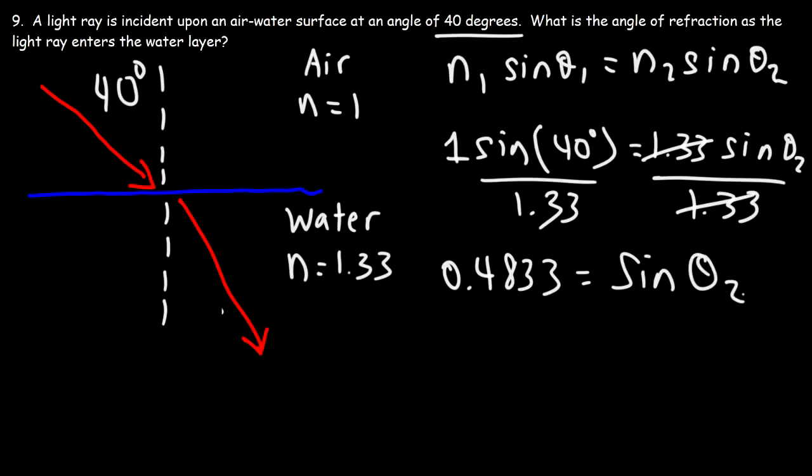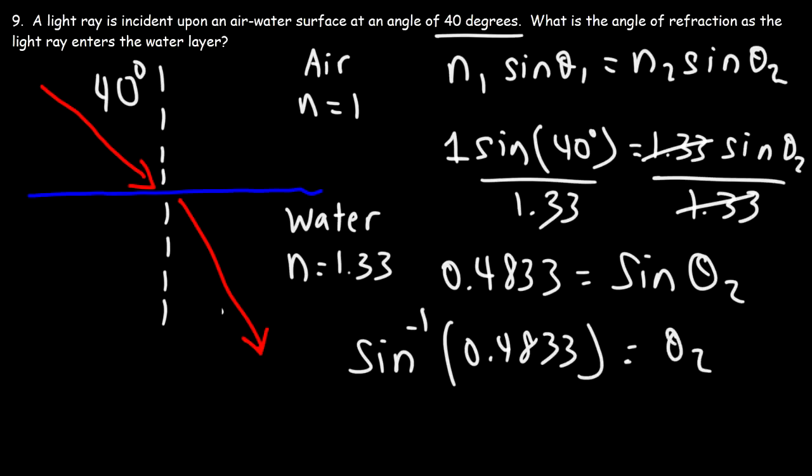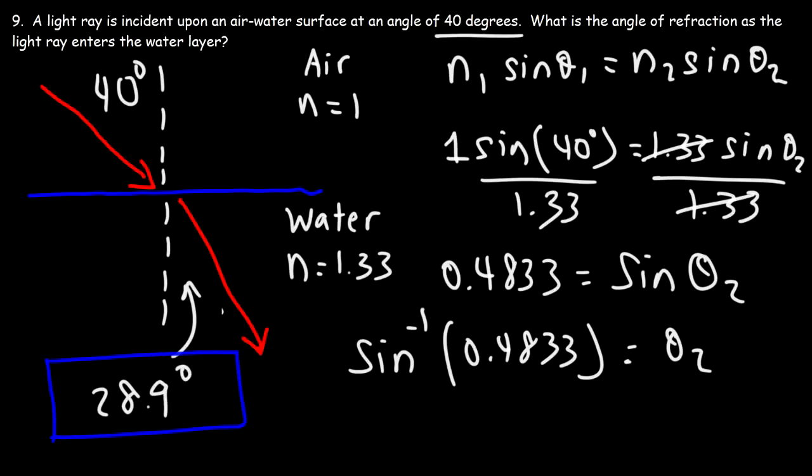Now to calculate that angle, we need to take the arc sine of 0.4833. And so that's going to give us the second angle. And so you should get an answer of 28.9 degrees. So that's how we can calculate the angle of refraction in a problem like this.